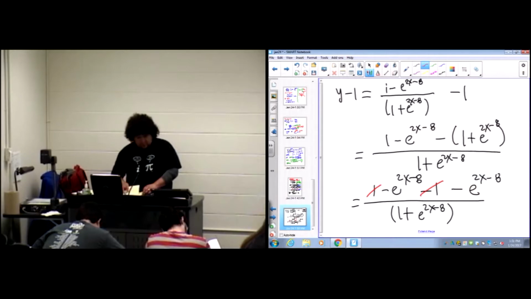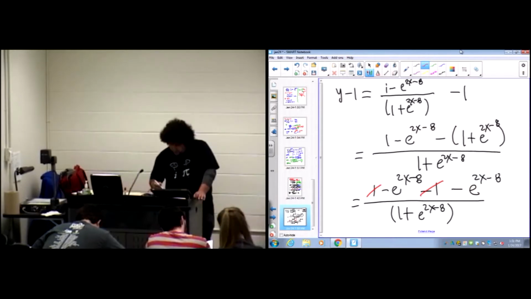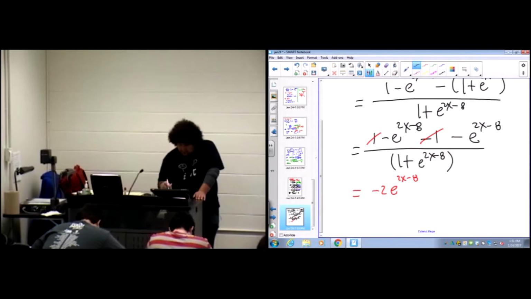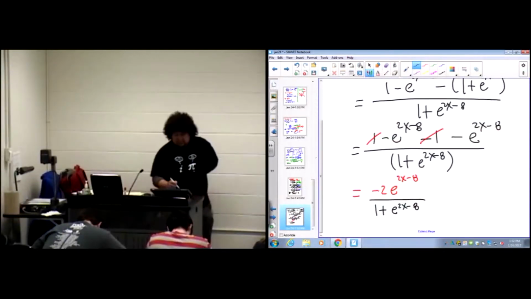The numerator is minus 2 e to the 2x minus 8. The denominator stays exactly the same. This is what we have for y minus 1, okay?